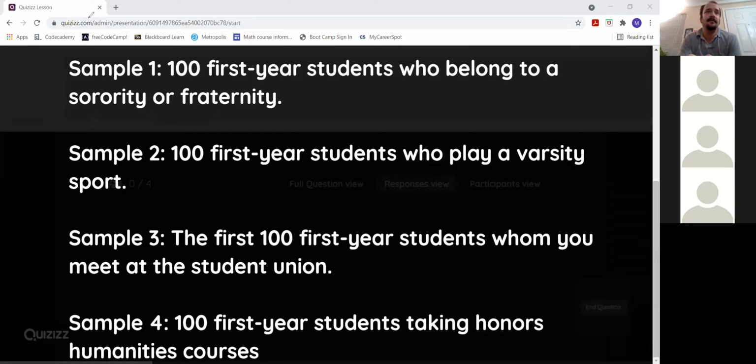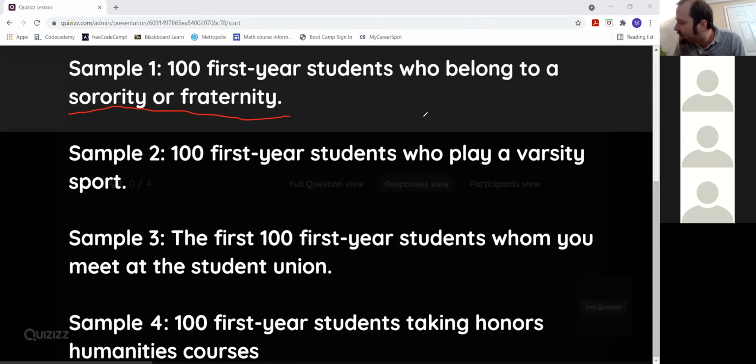So what can you tell me? I guess this is the key word here, right? That's the key. I'll say quality. Would that depend on what sorority or fraternity you choose for sample 1?